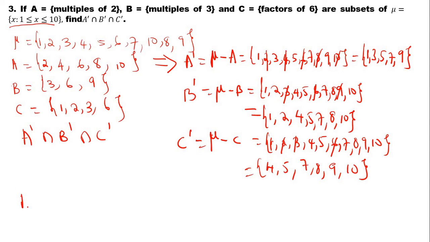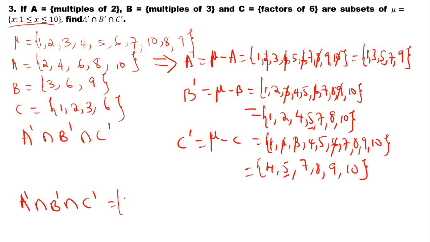So let's watch out. What do they have in common? A prime intersection B prime intersection C prime. Okay, 1 is in A prime and C prime but not in B prime. 3 is in A prime, not in B prime or C prime. But 5 is in the three. So I'm having 5 here, 5 here, 5 here. So I go with 5.